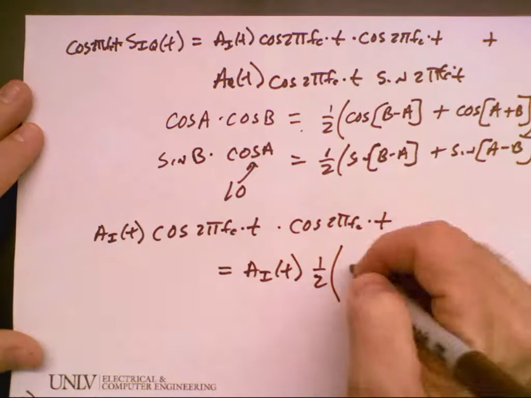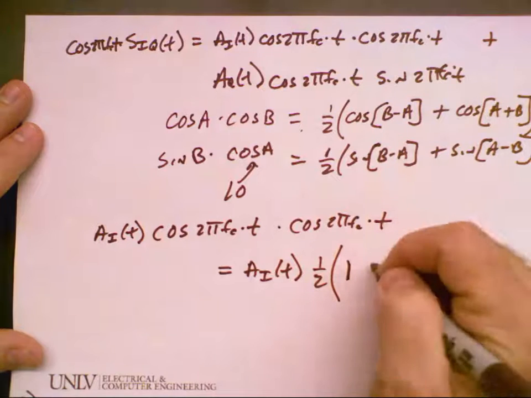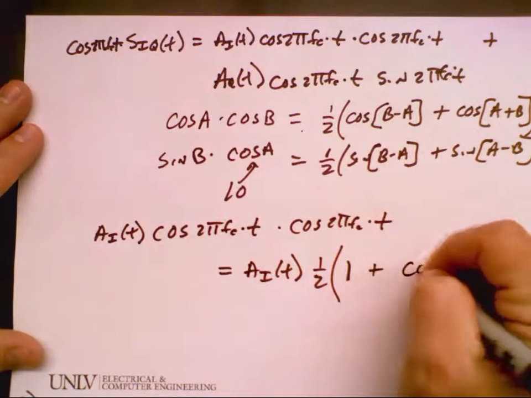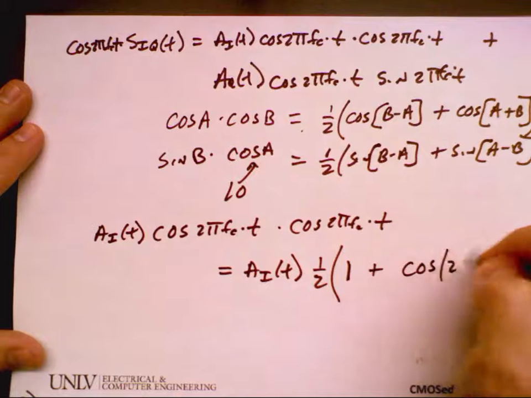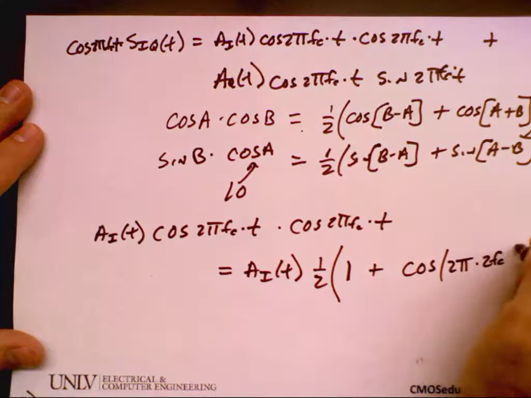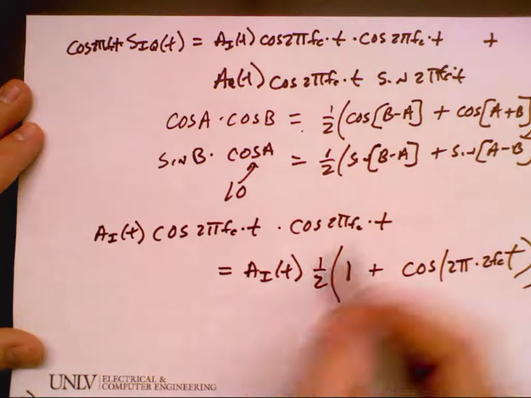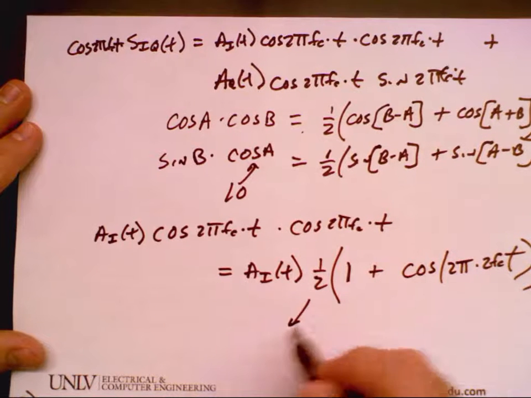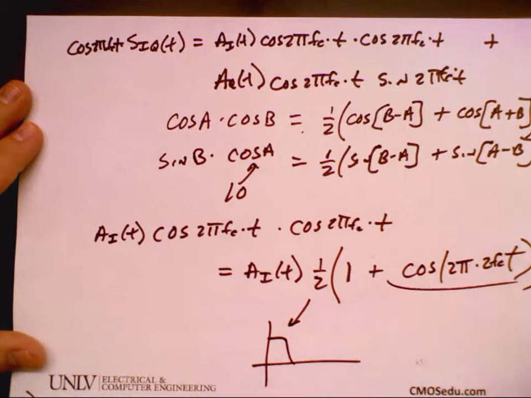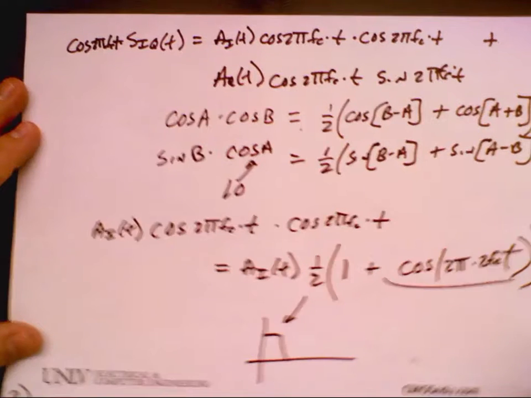Okay, so I'll just leave 1 in here for now, and then plus cosine of 2 times pi times 2fc times t. And what I'm going to do is pass this through a low-pass filter, and I'm going to remove this portion because it's at twice the frequency.